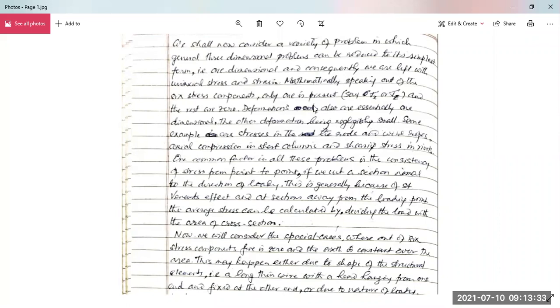Now we consider the special cases where, out of 6 stress components, 5 are 0, and the sixth is constant over the area.